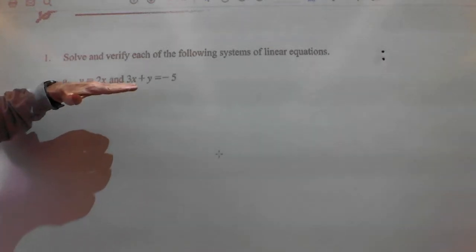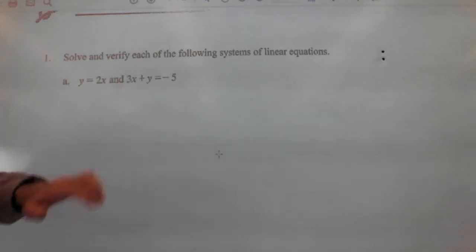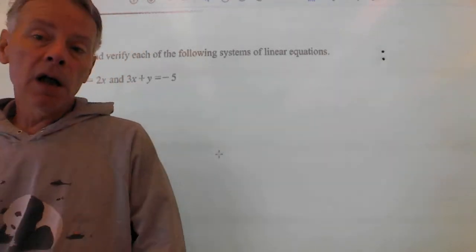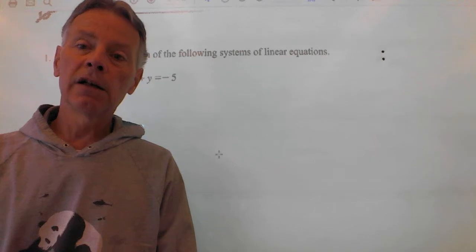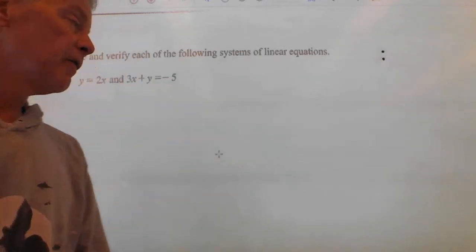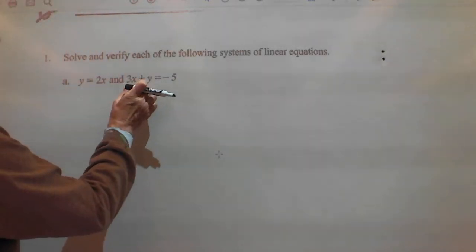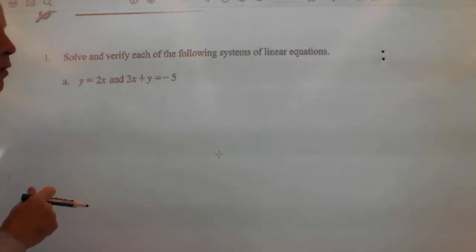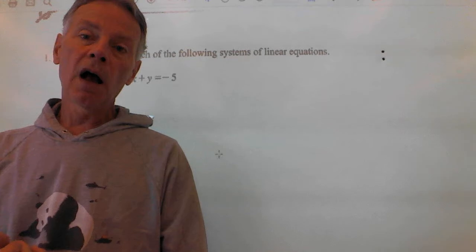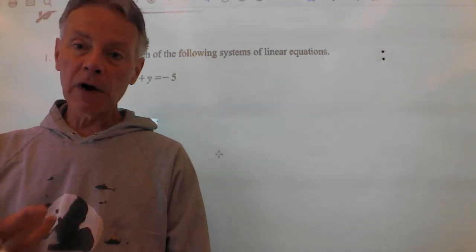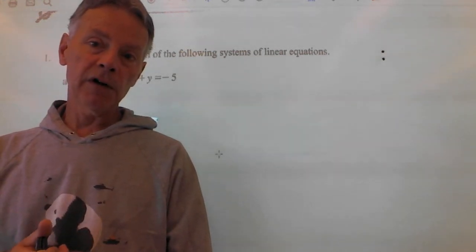So for 1a here, we've got two equations, fairly simple. When you use substitution, generally it's when you have one of your variables with a coefficient of 1. In other words, there's no number in front of it. That makes it relatively easy to isolate a variable.